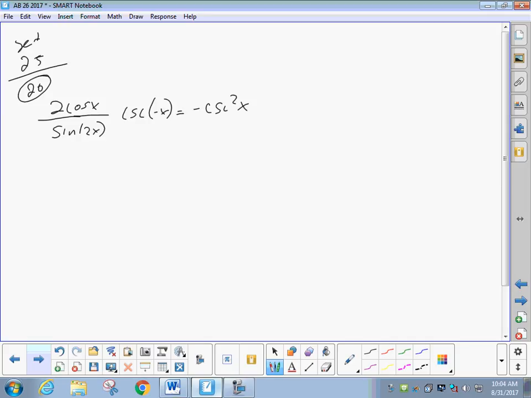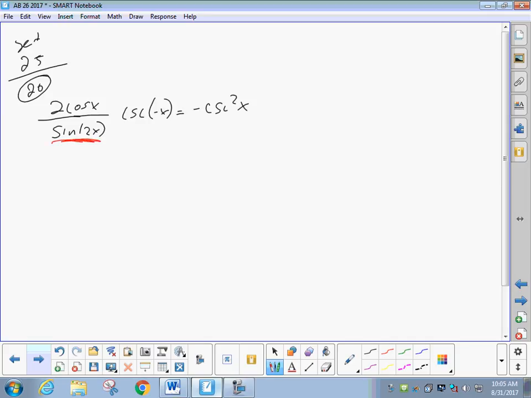In terms of how I teach identities when I teach pre-calculus, I take one side, usually the more complicated side because there's more to do, and manipulate it one step at a time until it looks like the other. I never make more than one change at a time so as not to lose the person reading it. So what's one thing I can do to this side?